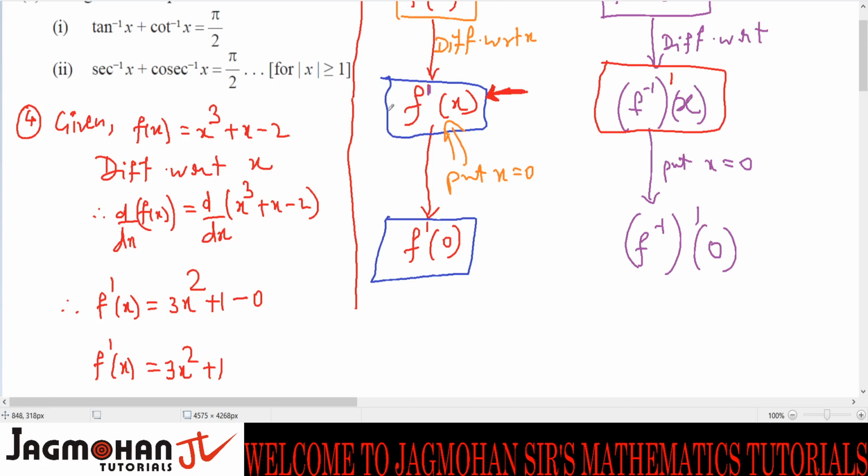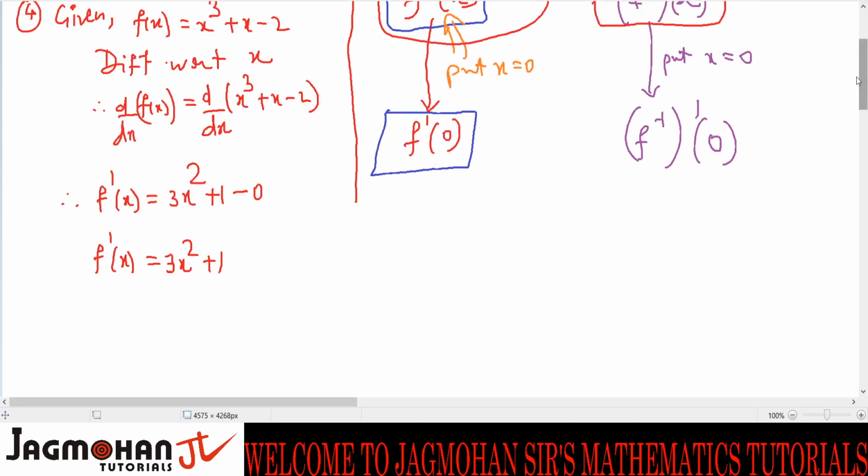I know you are thinking that this was not required, it was this which was required. Why did I find this? Very simple, students. Once I have found this, with the help of the theorem, I will find out this. What is the theorem? You already know. The theorem says that derivatives of inverse functions are reciprocal of each other.